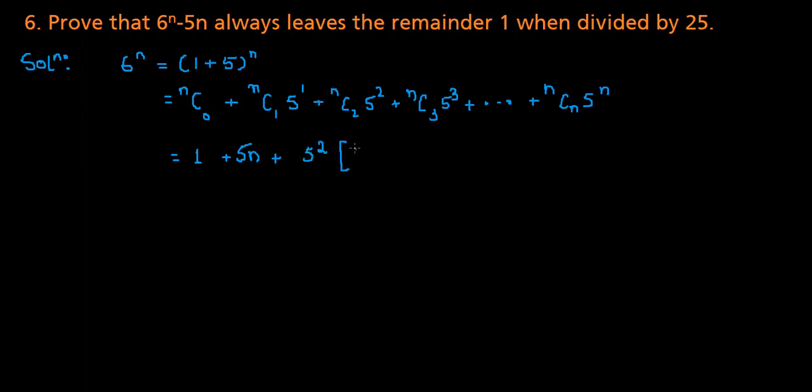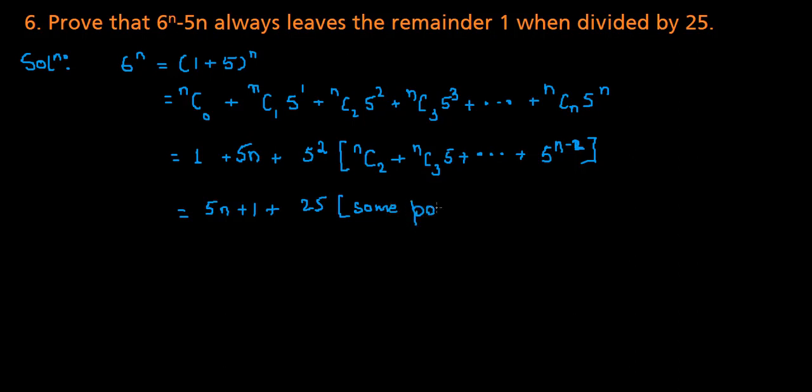So this is going to leave us with nc2 plus nc3 times 5, plus the final term ncn, which is always 1, so we have 5 raised to the power of n minus 2, which equals 5n plus 1 plus 25. So this entire term within the parenthesis is going to be some positive value.